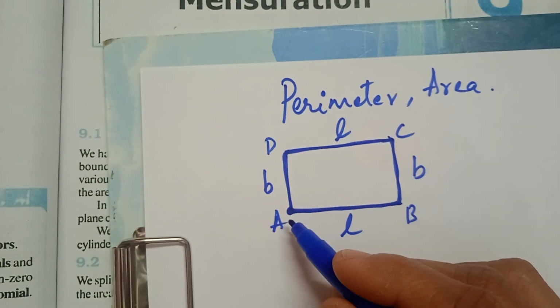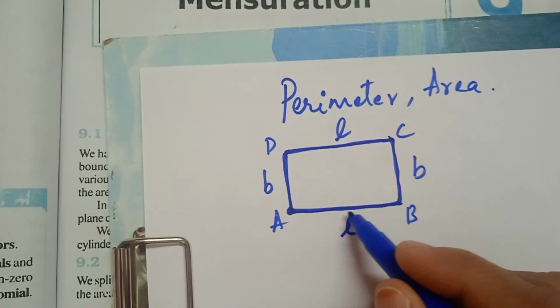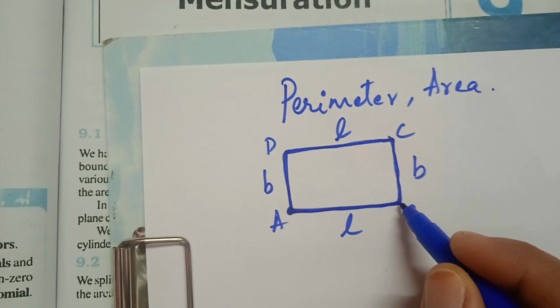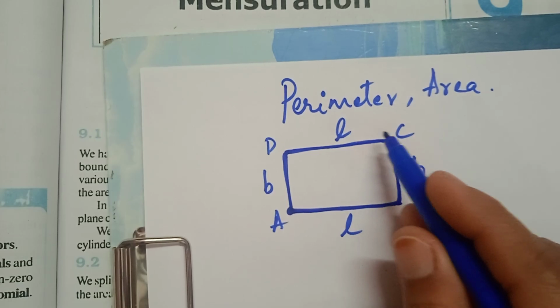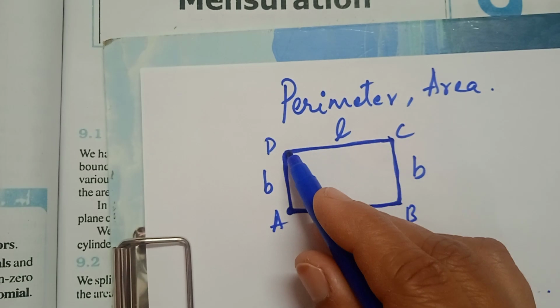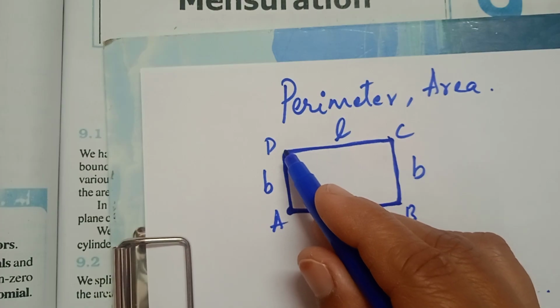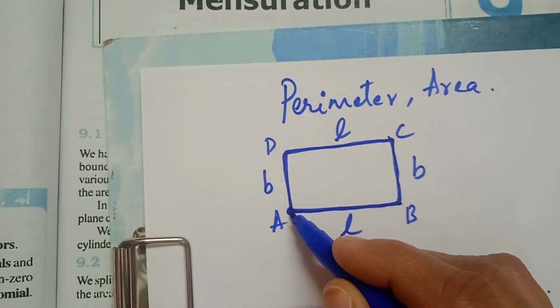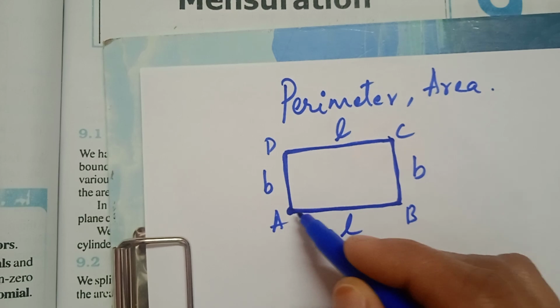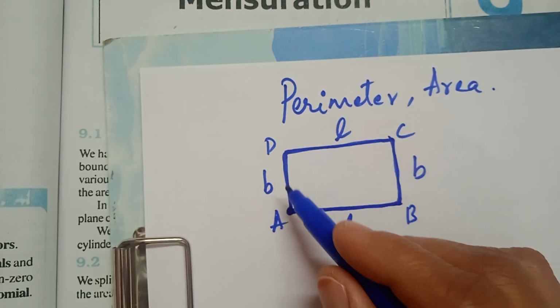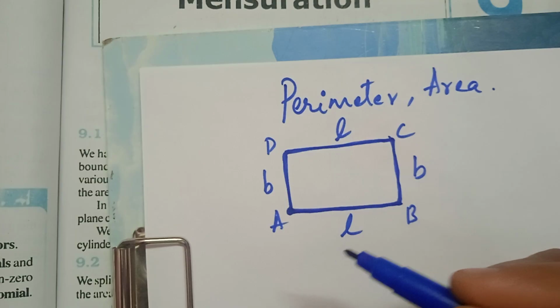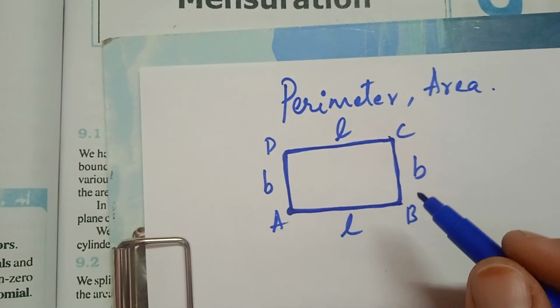If you walk from A along AB, then BC, CD, and DA, coming back to the starting point, that total distance is called the perimeter of the plane figure ABCD.